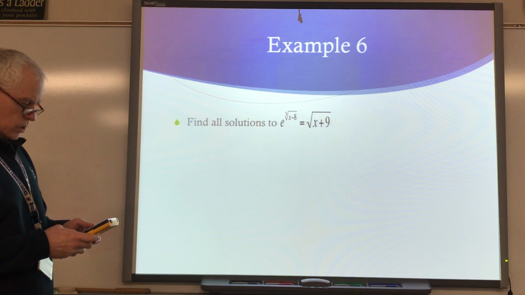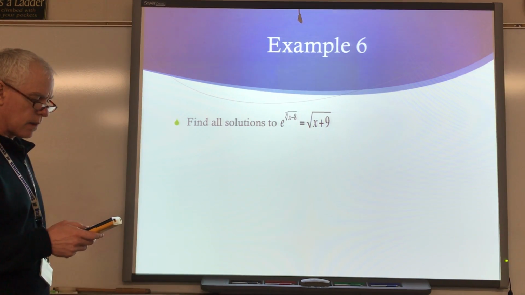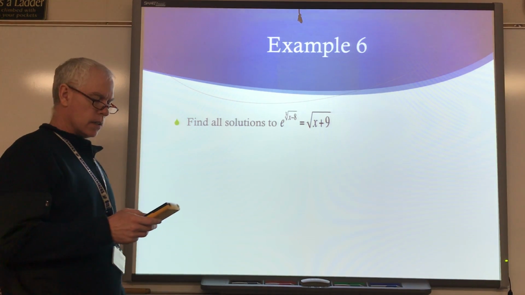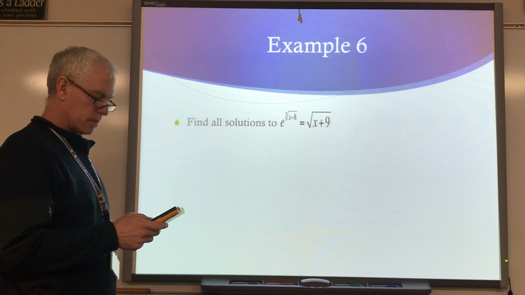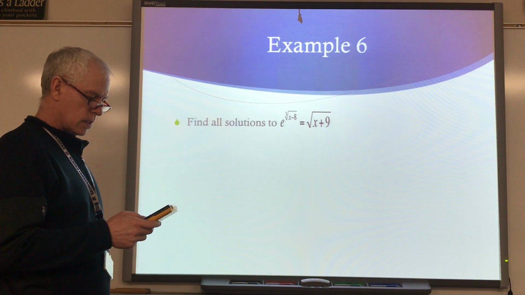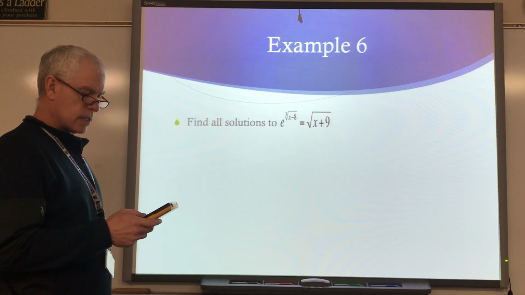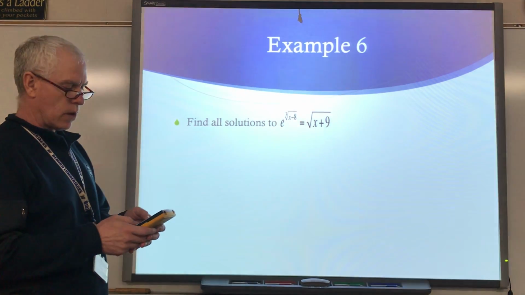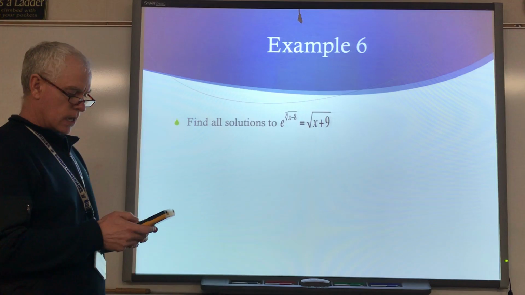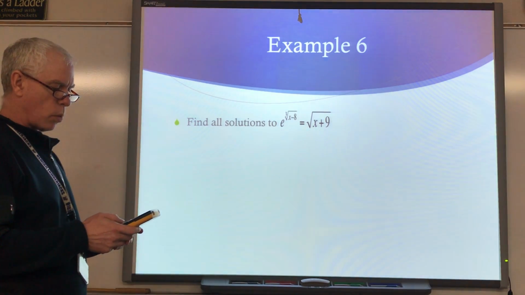If you want to just look at your normal window at first and try to graph this, just negative 10 to 10. Let's see what we get here. I see two graphs, but it looks like they cross farther off to the right. So I'm going to go back into my window, and I'm going to change my window to go from 0 to 20.